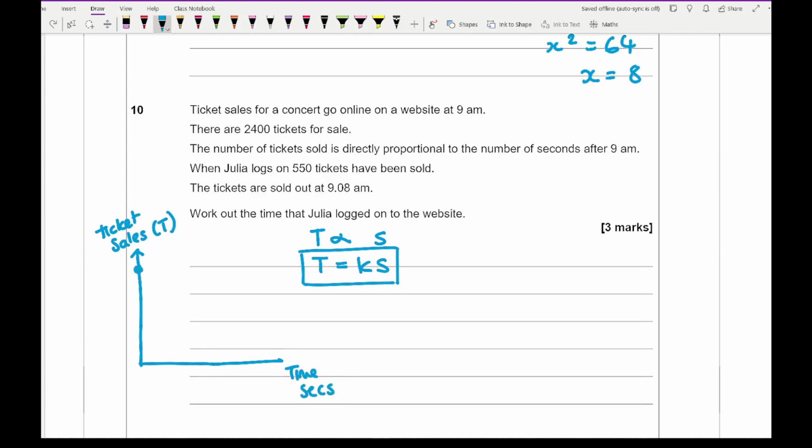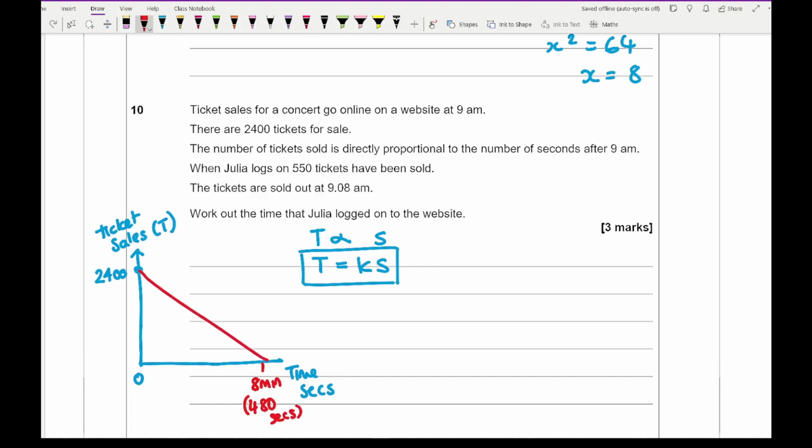Now, we know that we're starting off when T is 0, S is 0, we know that we've got 2,400 tickets. And we know that the tickets went after 8 minutes, which is 480 seconds. The tickets are sold out. We have no tickets.